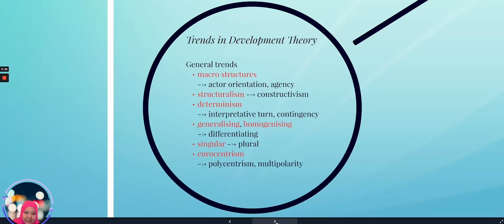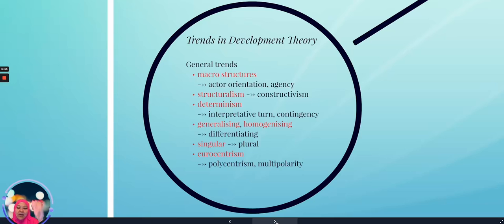For column B, if we want to put it in the table and columns, so after the Cold War ended, or you can say after the 19th century, that means late 20th century, the trend in terms of development have changed.